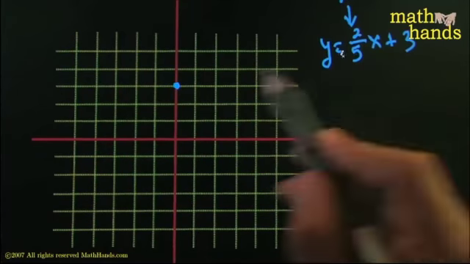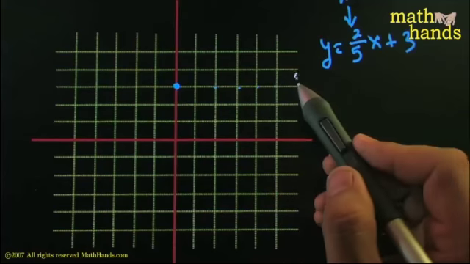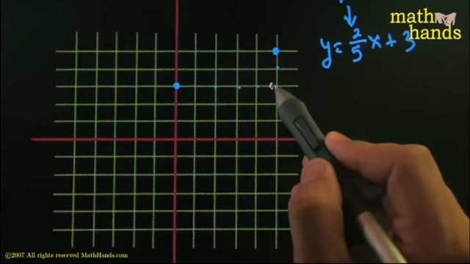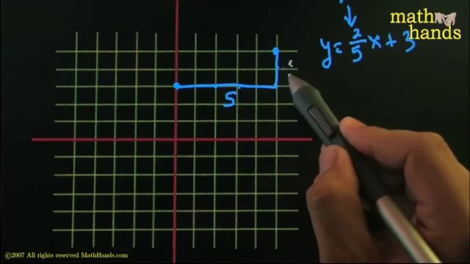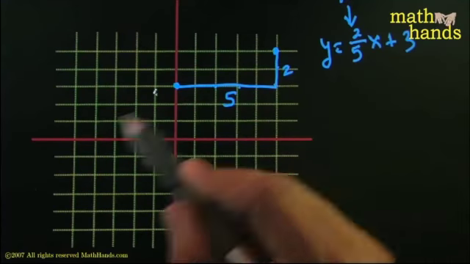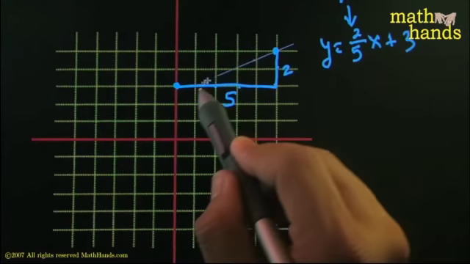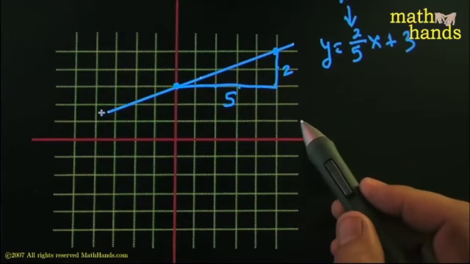You rise 2, you run 5. So if I run 5, 1, 2, 3, 4, 5. I ran 5. You rise 2, 1, 2. See that? Run 5, rise 2. There's my steepness, and now all I've got to do is connect the points with a straight line. There it is. See why they pay me?